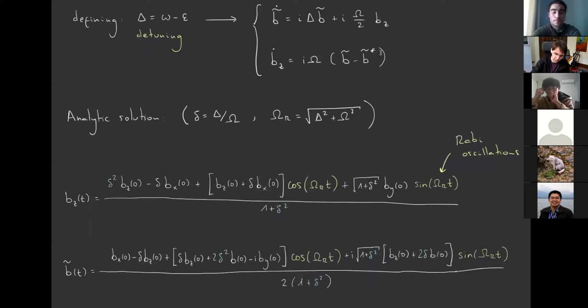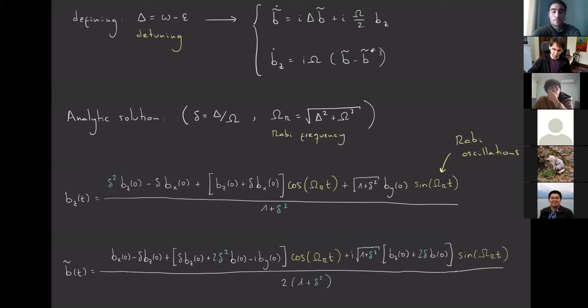Okay, and that's why this parameter here is called Rabi frequency. Okay, so this is something that we will see now in a lot more detail, these Rabi oscillations, but these are a very, very important concept in many fields, in nuclear magnetic resonance, for example, but in quantum optics as well.